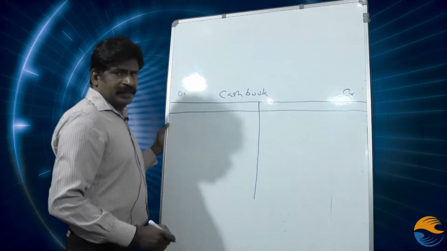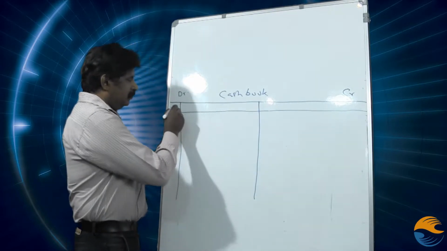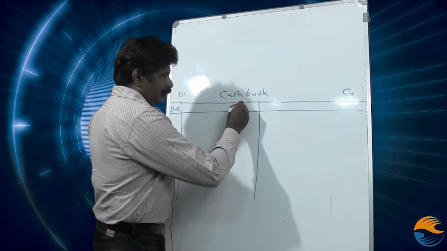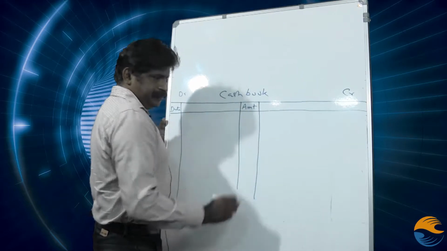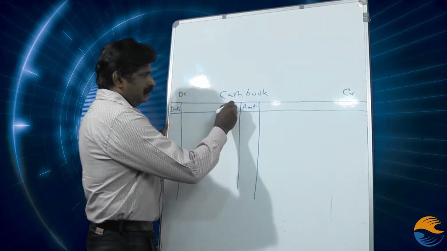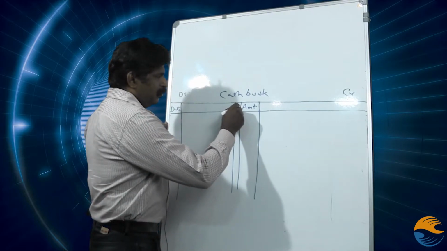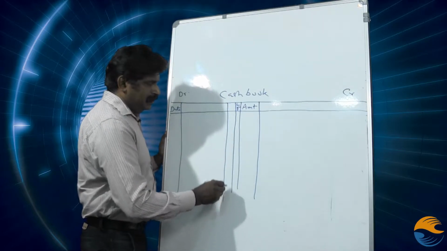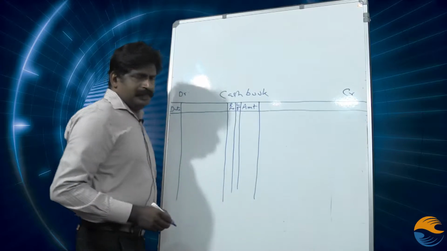And on the debit side, there will be a date column, rightmost an amount column, then a ledger folio column, then a receipt number column.